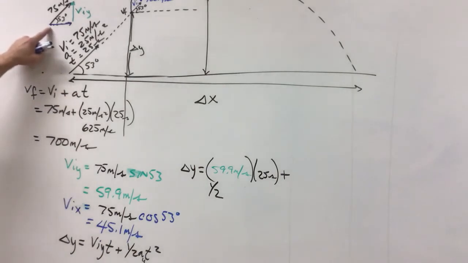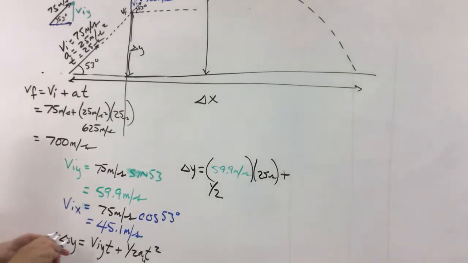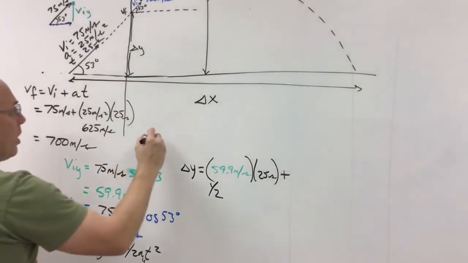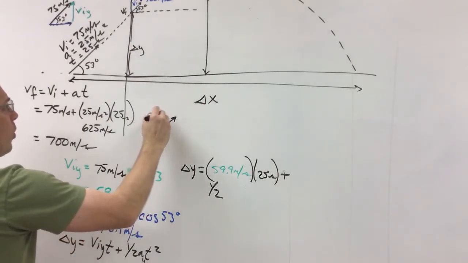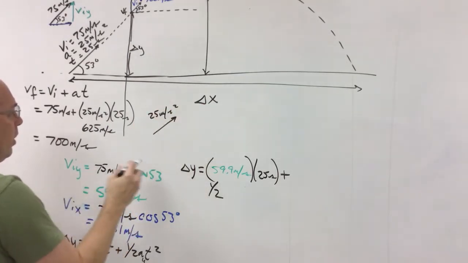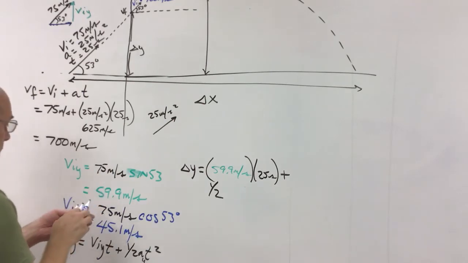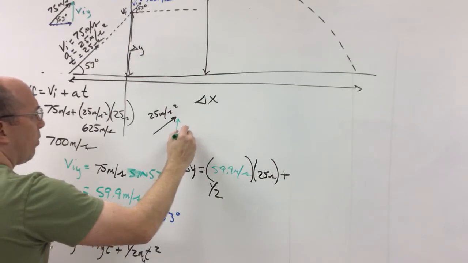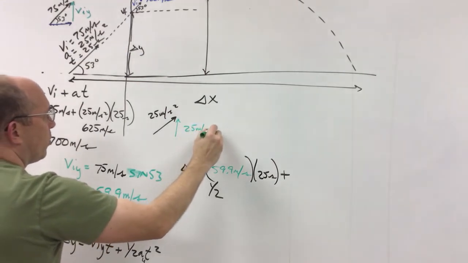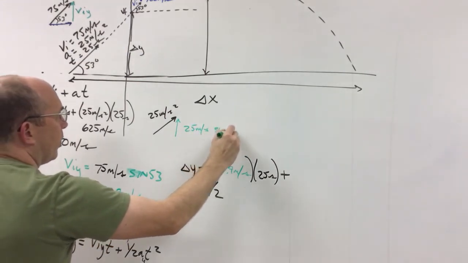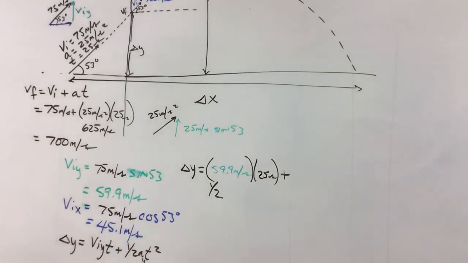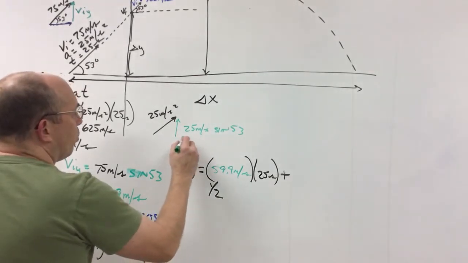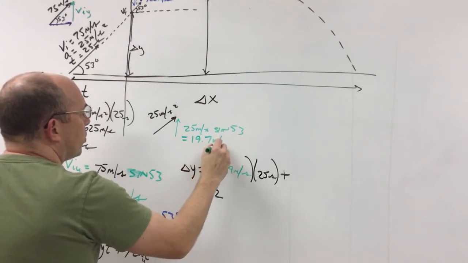I need the acceleration in the y direction, so it would be solved in much the same way as we did for the velocity. If the acceleration is 25 meters per second squared, then my y component to that acceleration is going to be 25 meters per second squared times the sine of 53 degrees. So 25 times sine 53, 19.97, 19.7 meters per second squared.